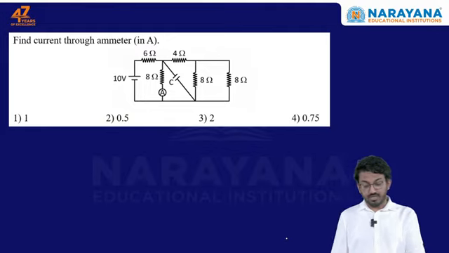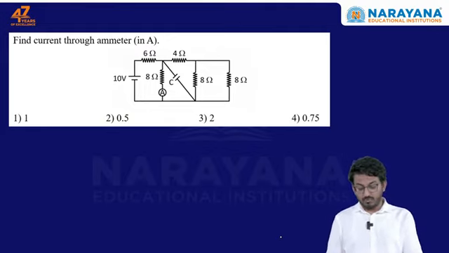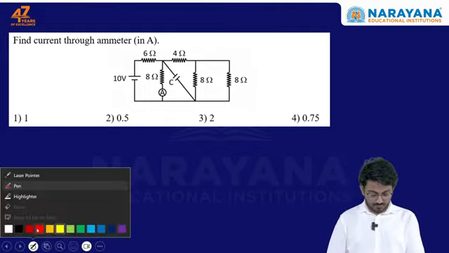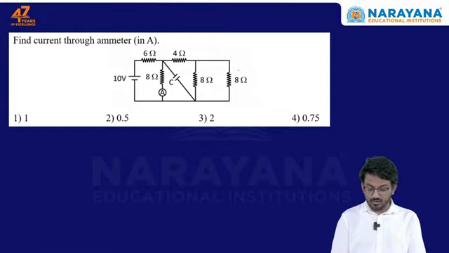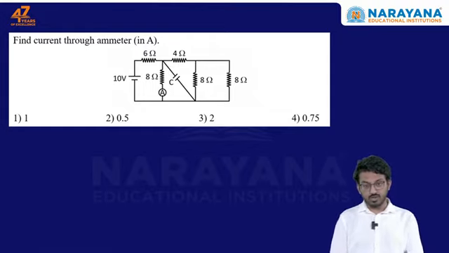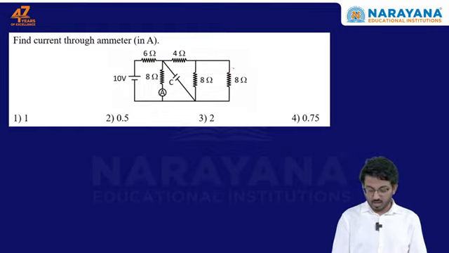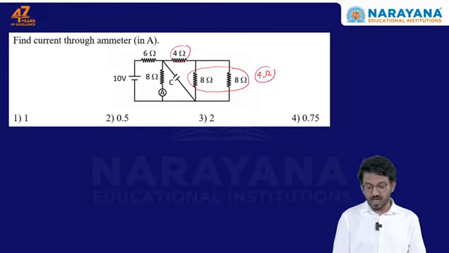We are supposed to find the current through the ammeter, so we can simplify the circuit a bit here. So these 8 and 8 ohm resistors are parallel because the terminals are connected back to back. So this 8 and 8 in parallel will become 4 ohm, and notice that this 4 ohm resistor and this 4 ohm resistor are in series.